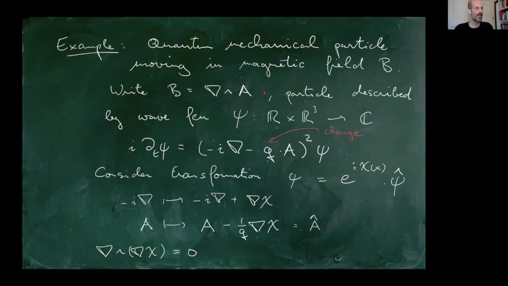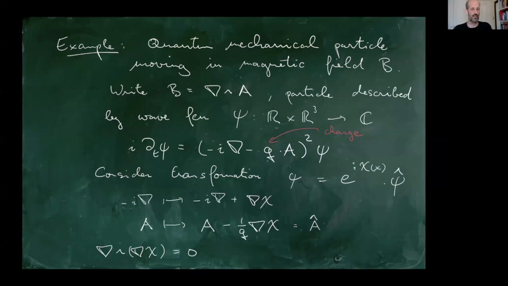I can find different A's so that the curl is equal to B. In particular, I can just add the gradient of a function, and I would still get the same B. And what I notice is that changing the phase in a space-dependent way for my wave function is completely equivalent to simply changing the choice of A, where I had to make an arbitrary choice in the first place anyway.